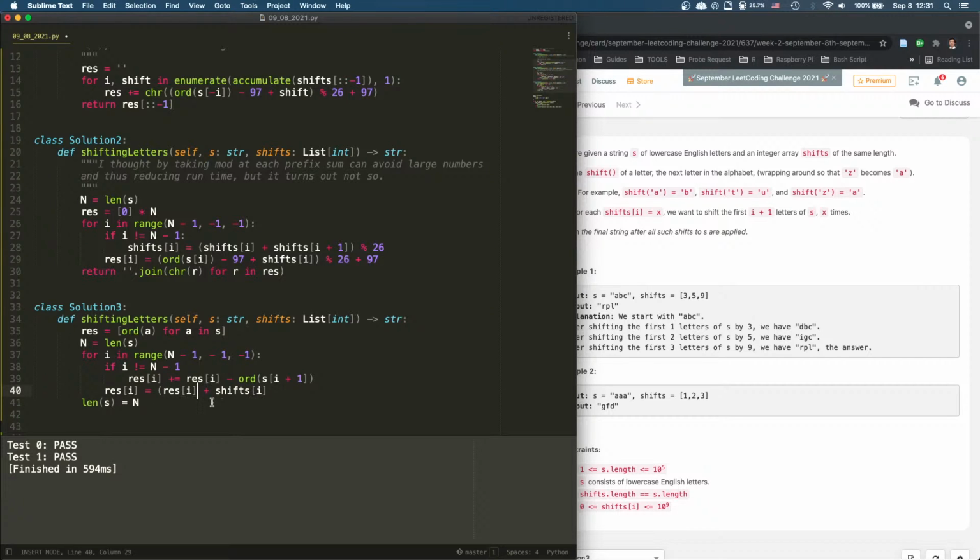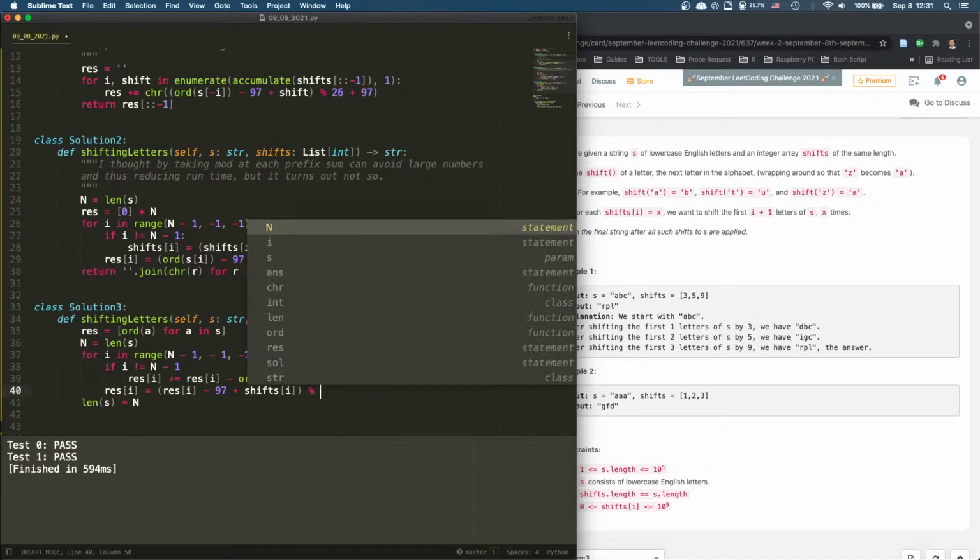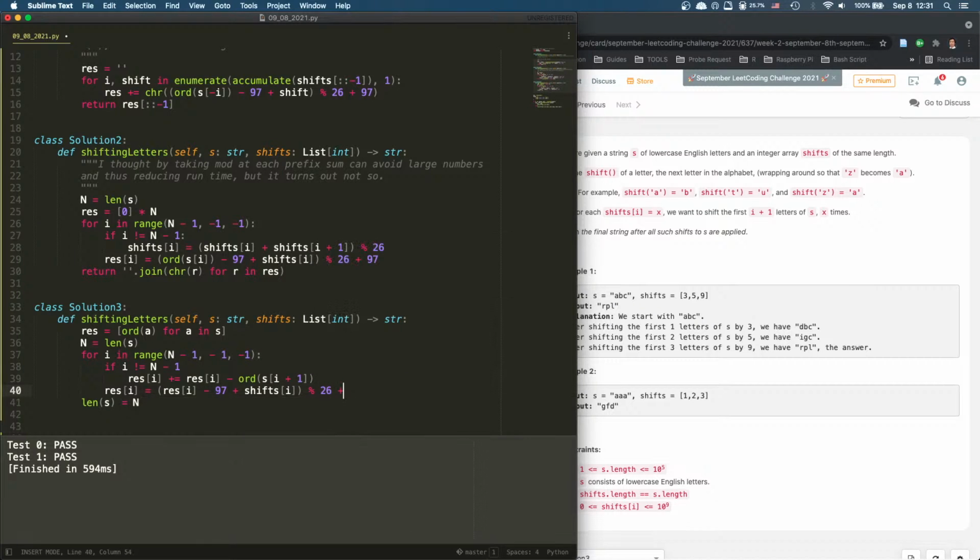Now res i would have to minus 97 plus shift i, and then mod 26 plus 97, and then return this.